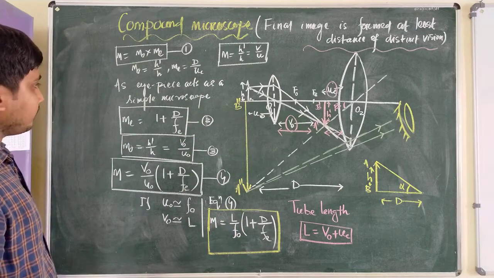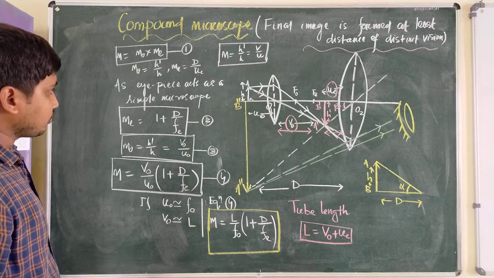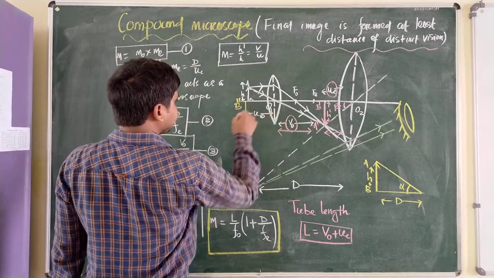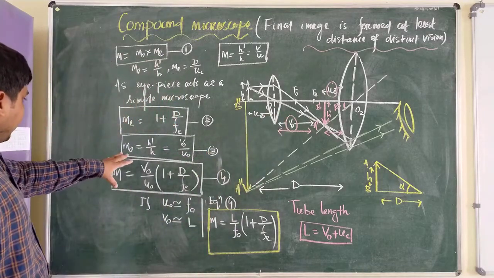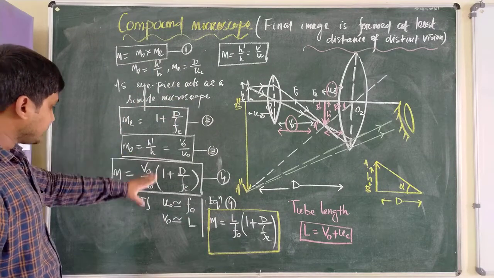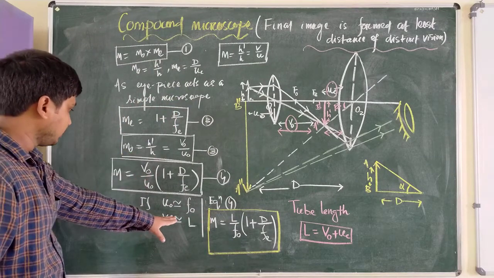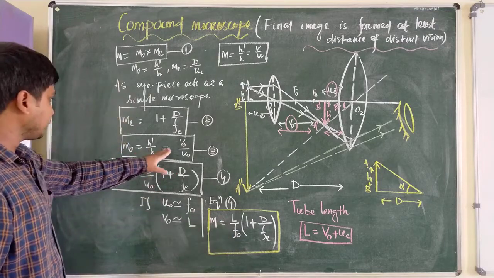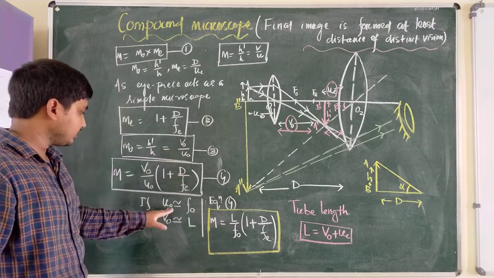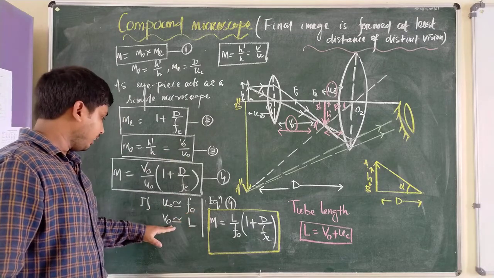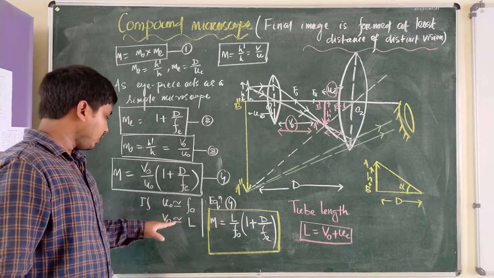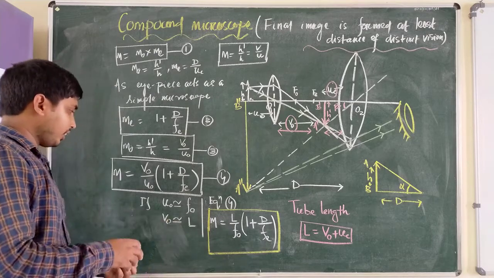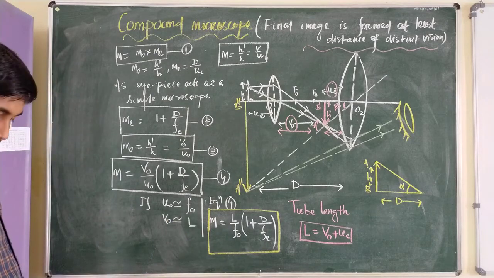Before that, we should note down the formula for the magnification formed by the objective. You can see that the magnification formed by the objective is given by L by F0. Previously it was V0 by U0, where U0 is coming as F0 and V0 is coming as the length L, the length of the tube, so our magnification is L by F0.